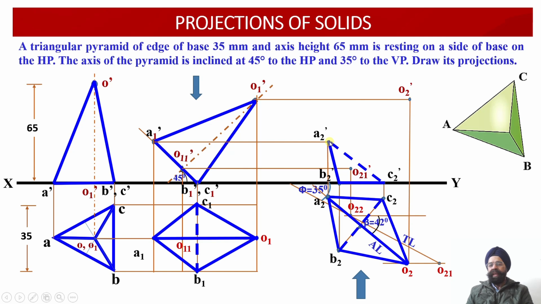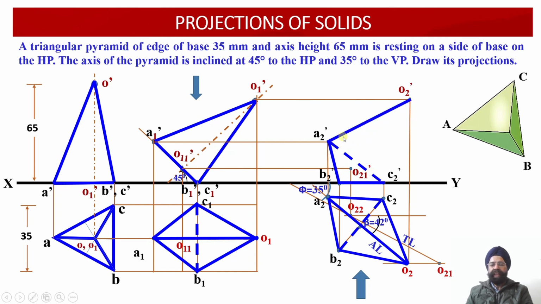A2 dash and B2 dash, because it lies on the boundary, will be drawn solid, not dotted. B2 dash, C2 dash is visible to the observer, so this again has to be drawn solid, using the object line. The edge A2 dash, C2 dash, because it lies on the back side, will be drawn dotted, as a hidden line.